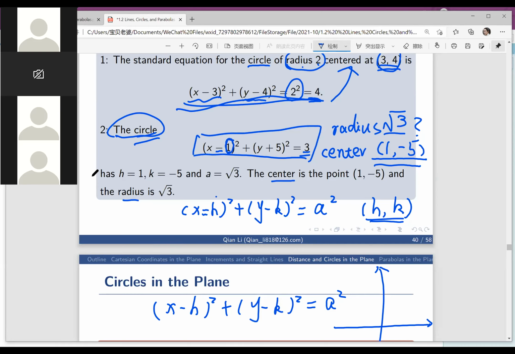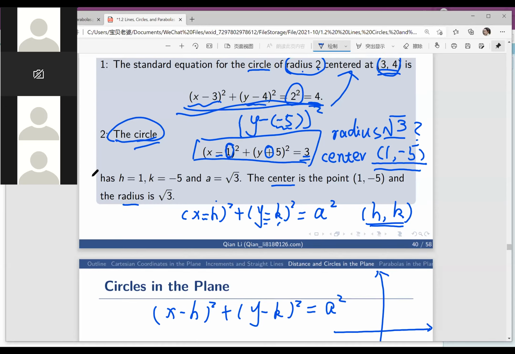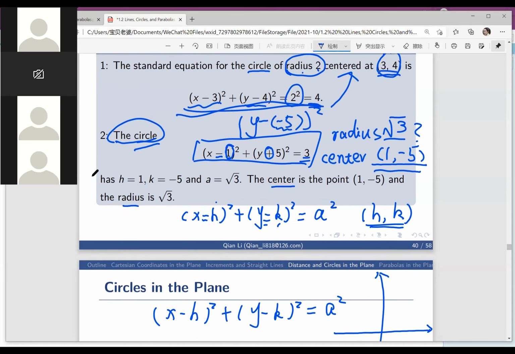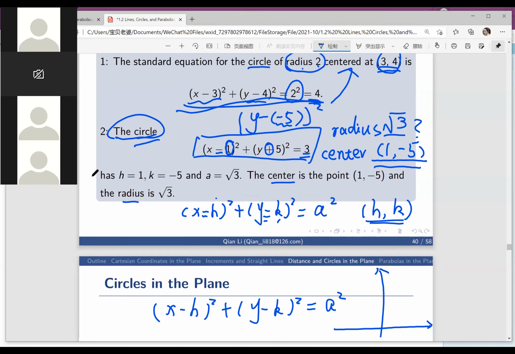And this must be minus k, and then this is plus, so this is equal to minus minus 5. So k will be equal to minus 5. Got it? Yes, okay.